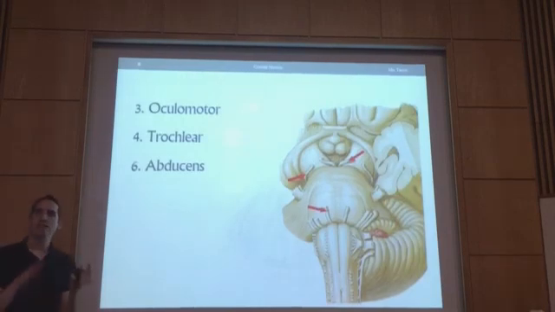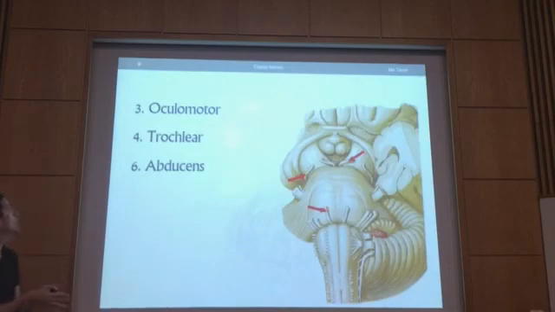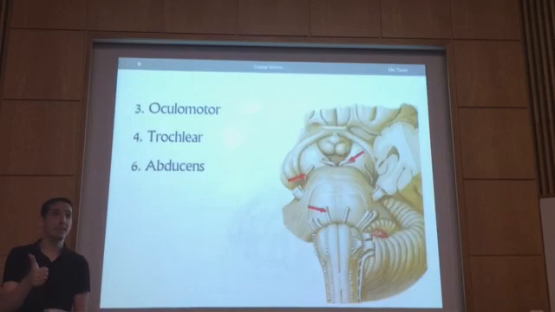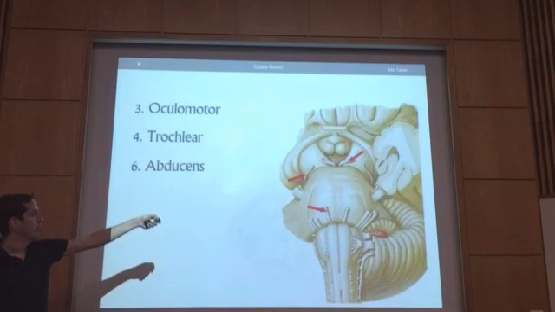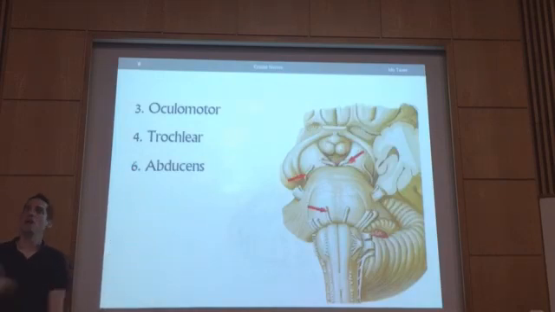So, after mentioning the first and second cranial nerves, let's go to cranial nerves number 3, 4, and 6. And there's a reason why I'm putting cranial nerve 5 aside. So cranial nerves 3, 4, and 6 are all involved in the movement of the eye.